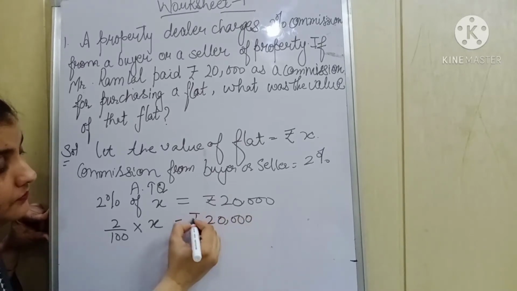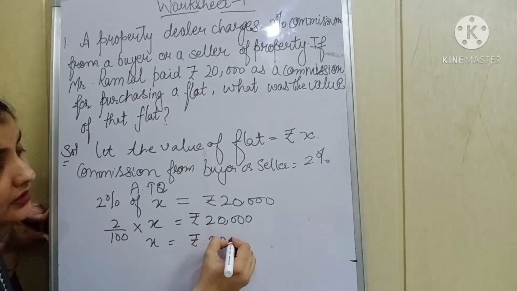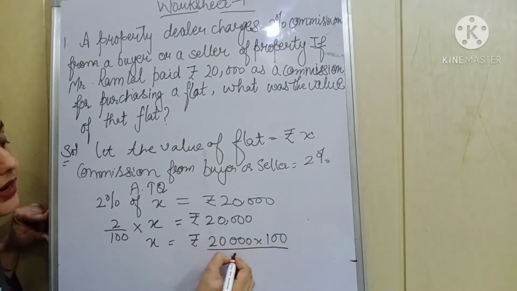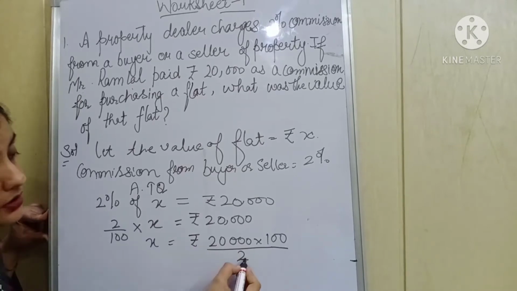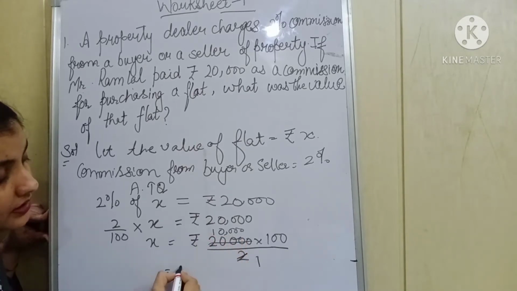So 2%, 2 by 100, of means multiply, into X is equal to 20,000. X is equal to rupees 20,000 multiplied by 100 by 2. 2 ones are 2, 2 ones are 2. 10,000 into 100.